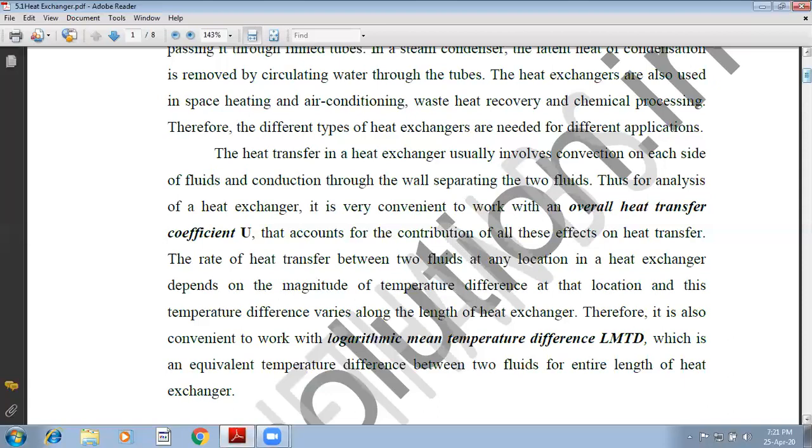If you take the temperature difference between cold fluid and hot fluid equivalent to the logarithmic mean temperature difference, the amount of heat transfer will be the same as that of the actual condition. Hence, we will be using the logarithmic mean temperature difference in the calculation part of heat exchangers.